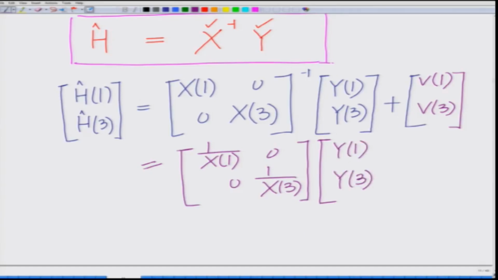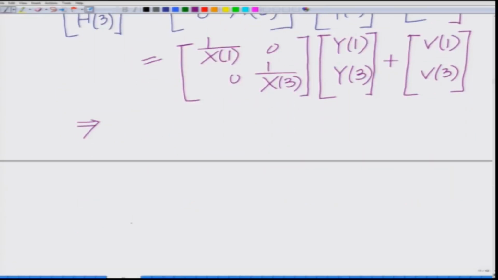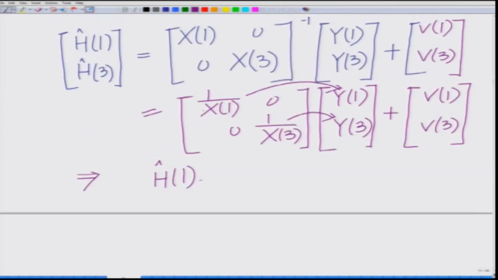So, its inverse is another diagonal matrix with the reciprocals of the diagonal elements, which implies, if you look at this element by element, the estimates are h hat 1 is 1 over x 1 times y 1, h hat 3 is 1 over x 3 times y 3.